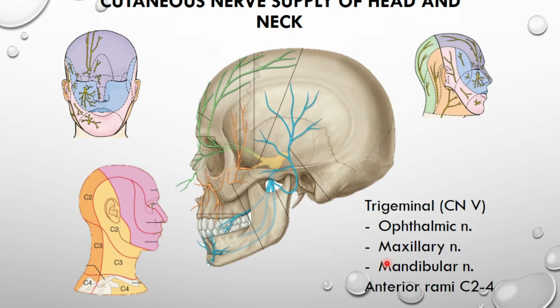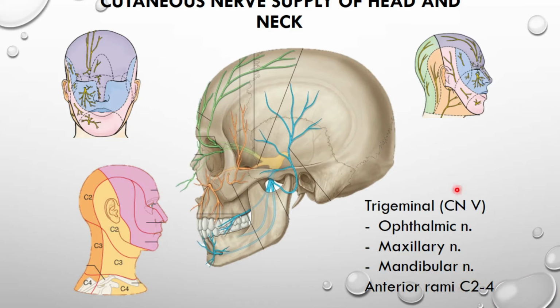And then the rest of your head and neck, so not your face, so we're talking about the back of your scalp and the neck itself, are all supplied by cervical branches that come from the spinal cord levels C2 to C4.